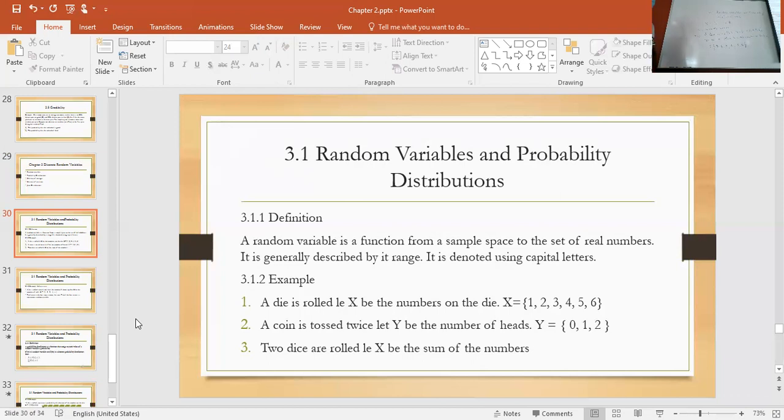We could say that a die is rolled, if the number is odd, record it. If it is even, divide it by 2. There are many rules for associating a value to the outcome of a random experiment. Still with the same experiment, the die is rolled.